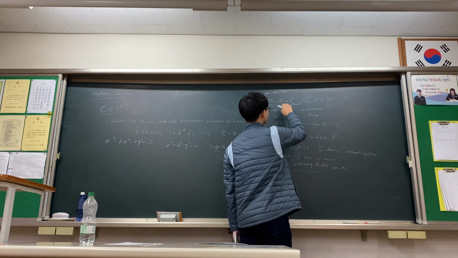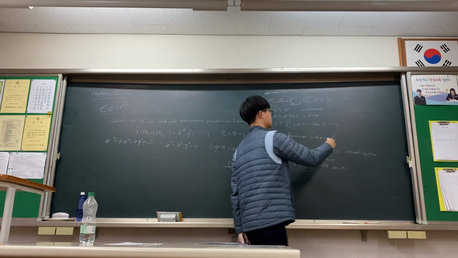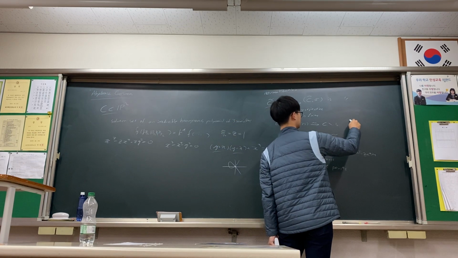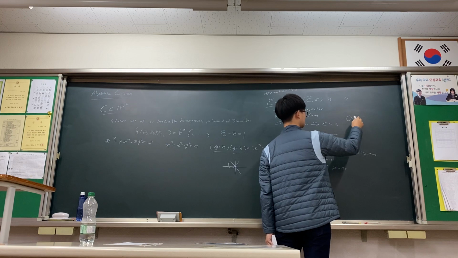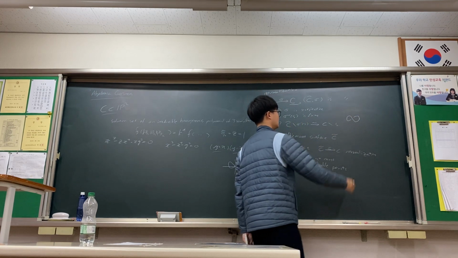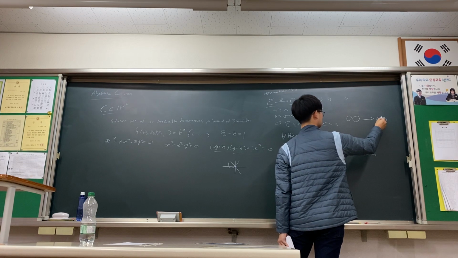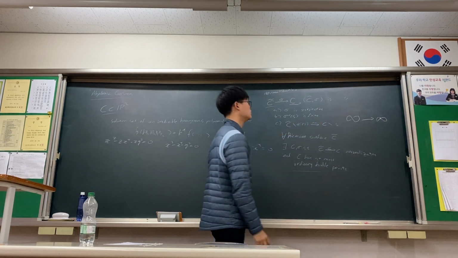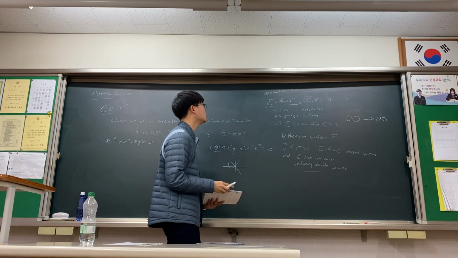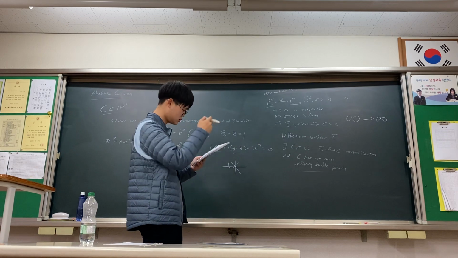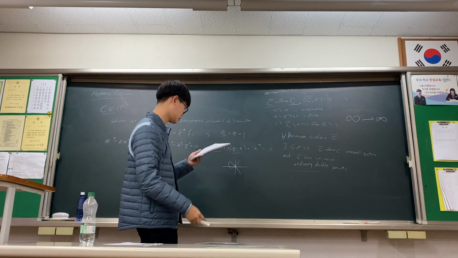And pictorially, since it's compact, it has to be somewhat like this, and then the normalization would make it into a singular point. It looks something like that. So that's the intuition behind the pictorial picture of normalization.